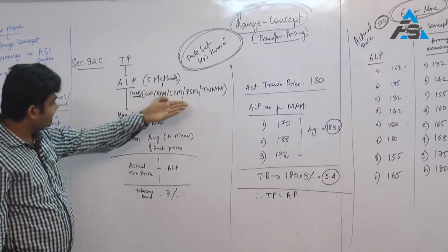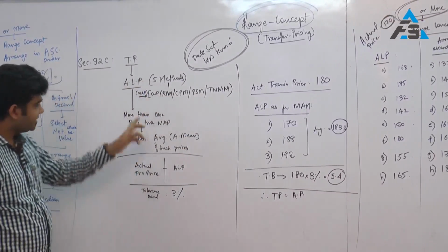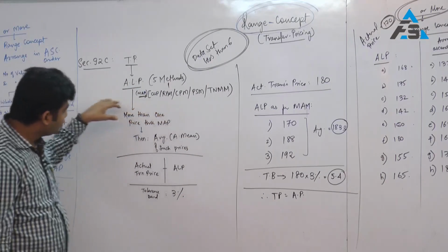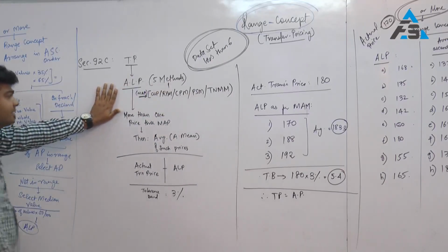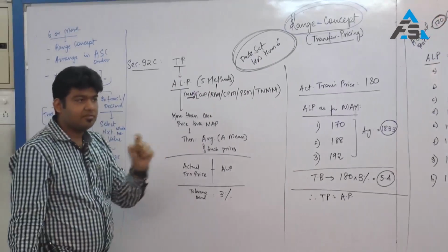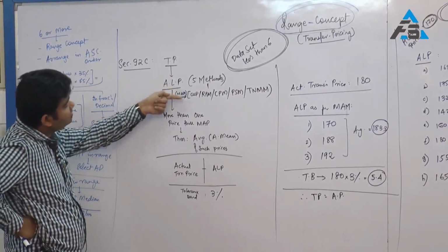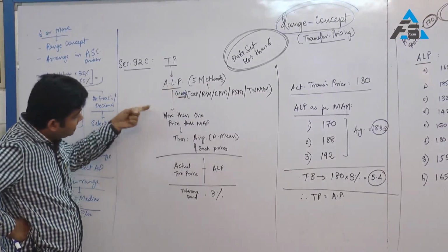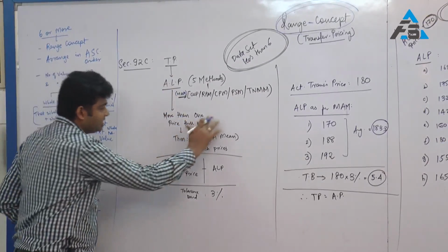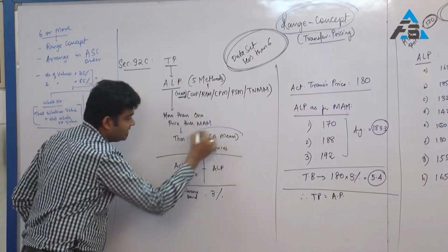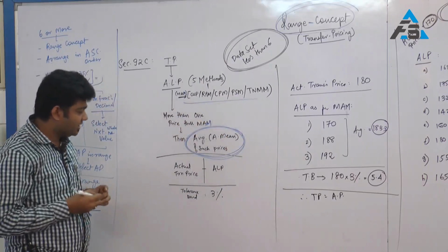So either of these or anything else which suits the requirement of your transactions, called the most appropriate method, you will determine the transfer price, the arm's length price, and then we will see whether it works or not. If there is one arm's length price, not a problem, but if there is more than one price through most appropriate methods, then in such cases we take the arithmetic mean of all such prices.